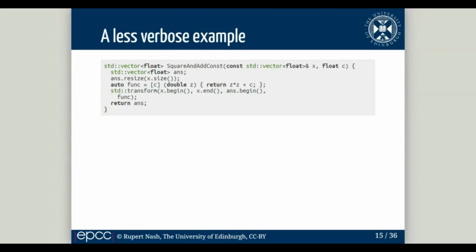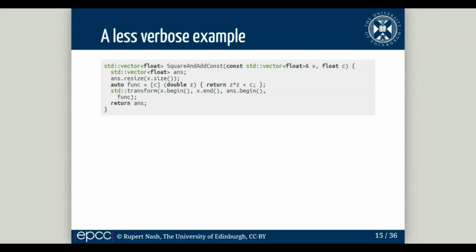But now we define our lambda function in the next line, which is auto equals, square bracket c. This is the capture. This takes the value of c and makes a piece of state available to the function body that's inside the curly braces. We have a parameter list like we'd be used to. This is what's taking in the double z.